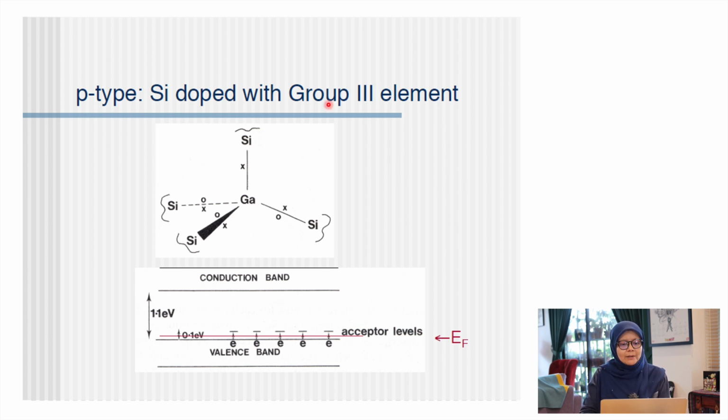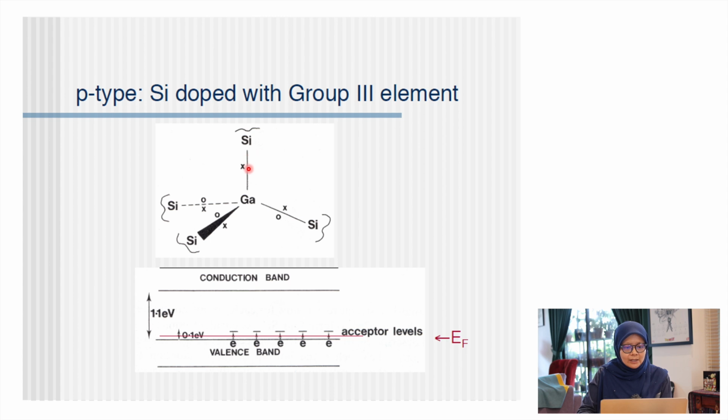So what happens when we dope silicon with group 3 elements such as gallium? When we dope silicon with gallium, it forms the P-type semiconductor. We also call the P-type acceptor impurities, where we have a positively charged hole, as you can see in this diagram.